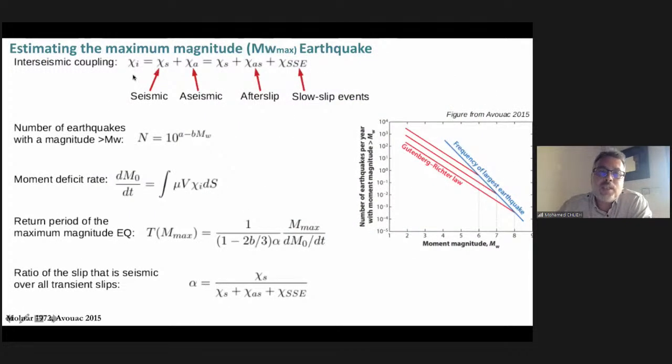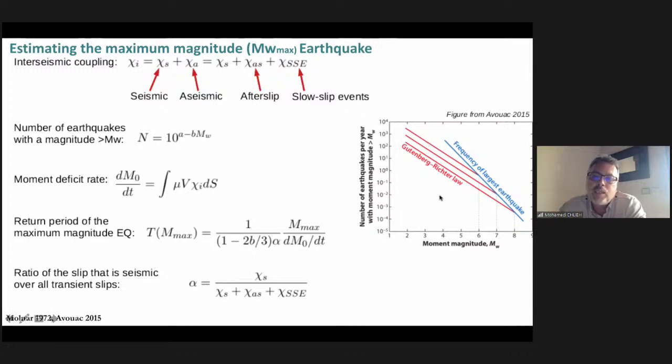So using this condition for the closure of the cycle, we can now try to use what we know from the different modeling of the cycle and put some constraint on the classical frequency-magnitude plots that are used to determine the seismic hazard anywhere.